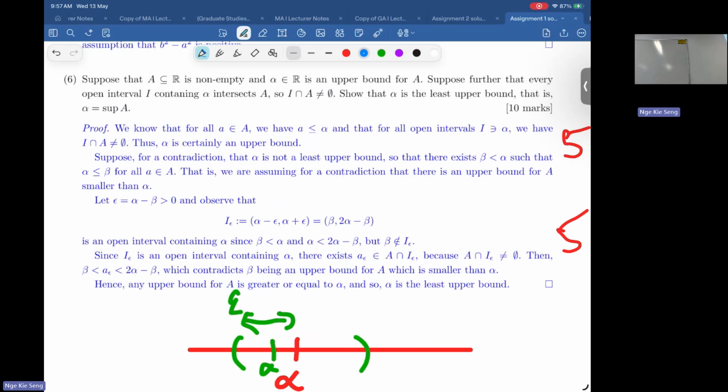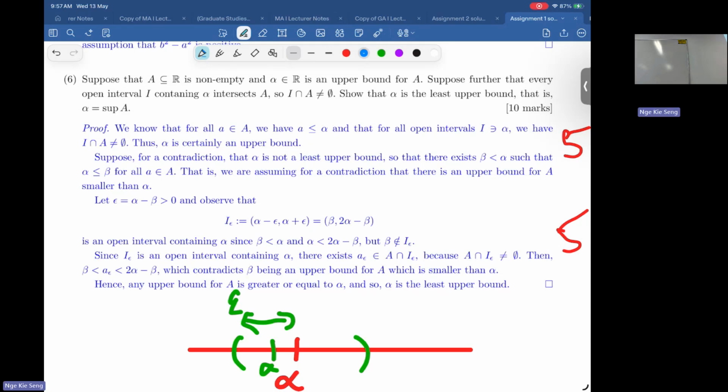Can you imagine? You did draw it. I already drew it. Some people don't know what I drew. Yes, there is this kind of person. Well, no matter what interval you draw, there will be an element of A inside there.